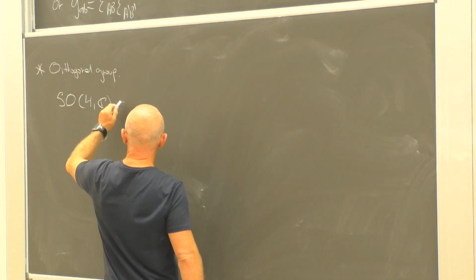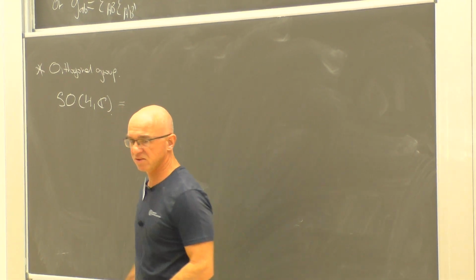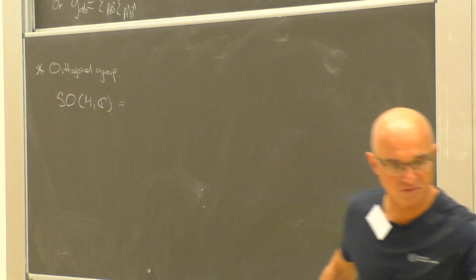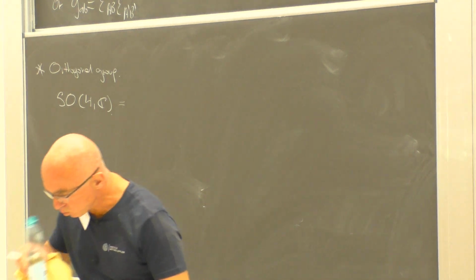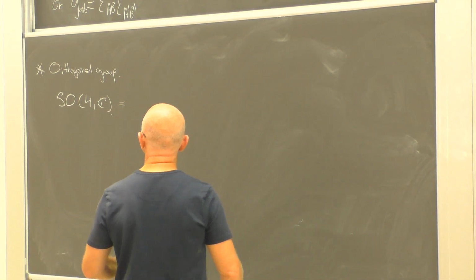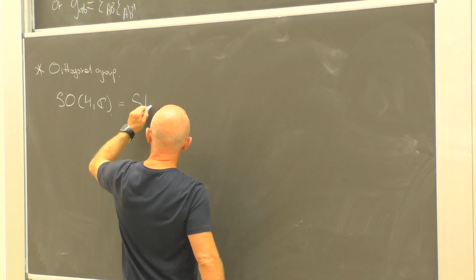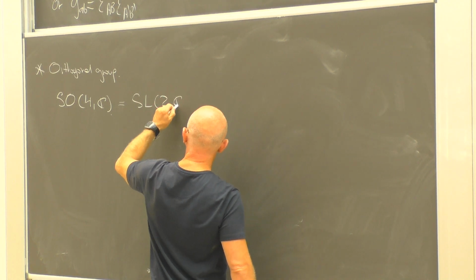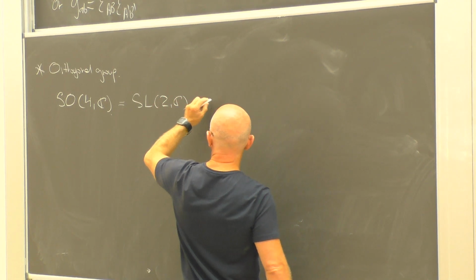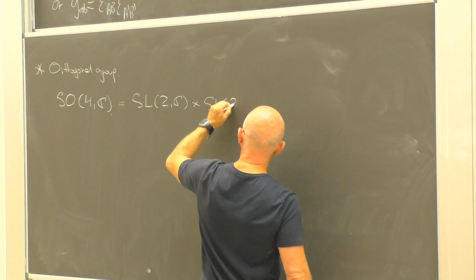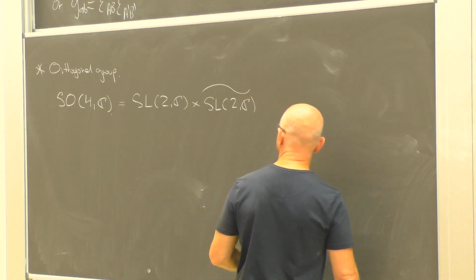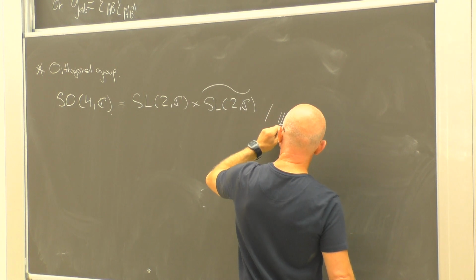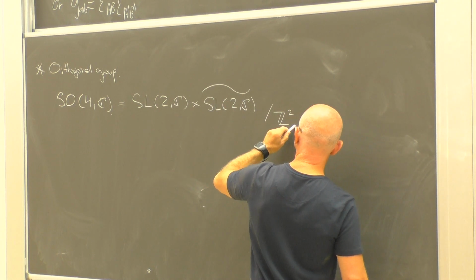This is not simple, but decomposes. I want to give it a number. It decomposes as 2 copies of SL2C. So SL2C times SL2C, let's say tilde, over Z2.